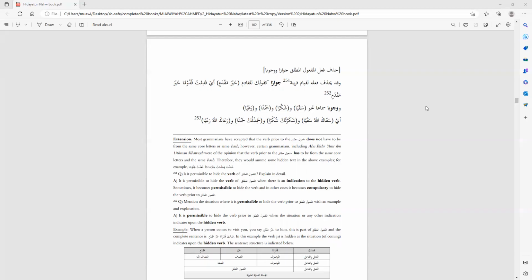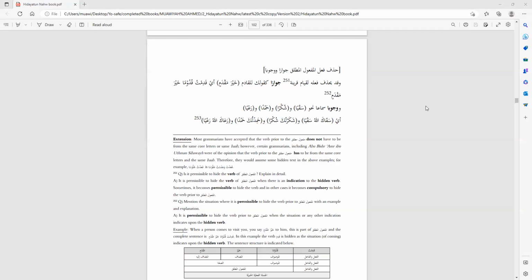That would be just that, أي قدمت قدوما خير مقدم, which is part of a bigger sentence. So the قدمت قدوما have both been dropped, and خير مقدم can just be used.